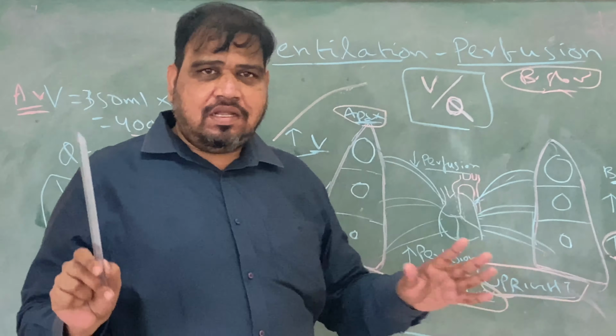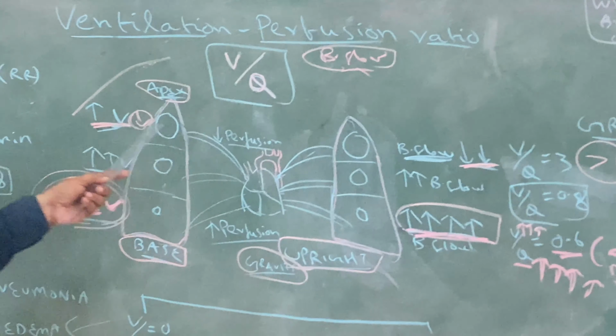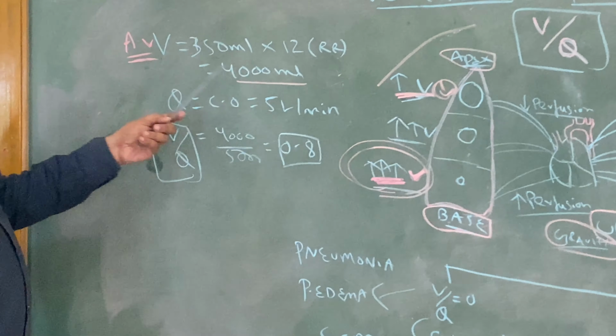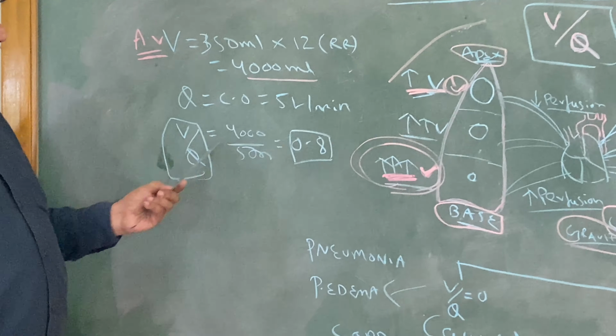Make it simple: in the base, ventilation is increased, perfusion is also increased, but perfusion is increased more times compared to ventilation, which makes the denominator greater. Whenever the denominator is greater, the ratio will be less than 1. That is, it is 0.6. The normal ventilation perfusion ratio we calculated already, how we got it as 0.8: the ventilation perfusion ratio is 0.8.